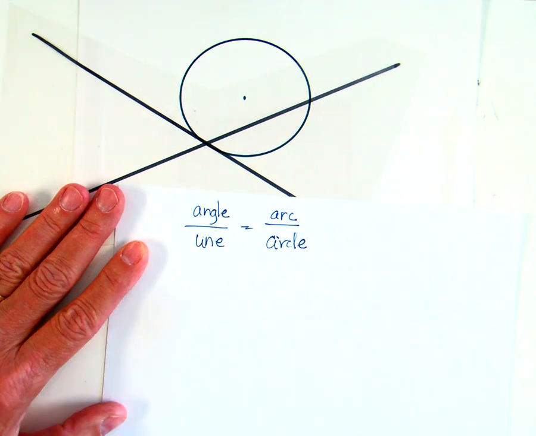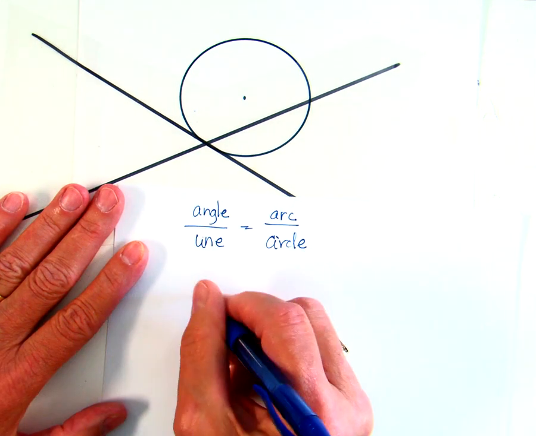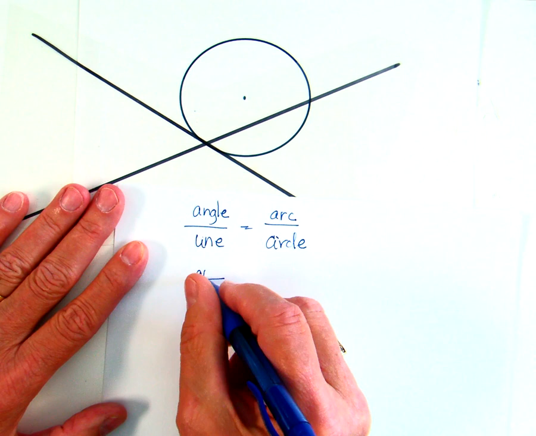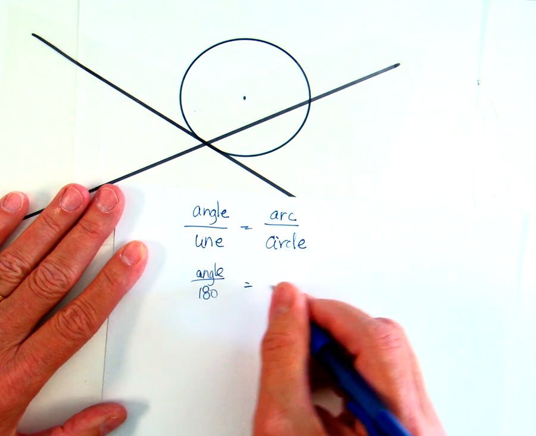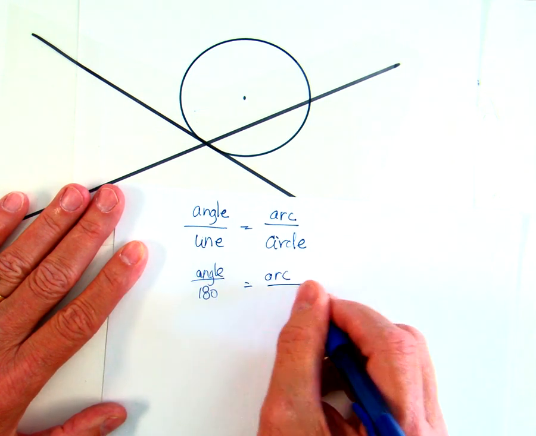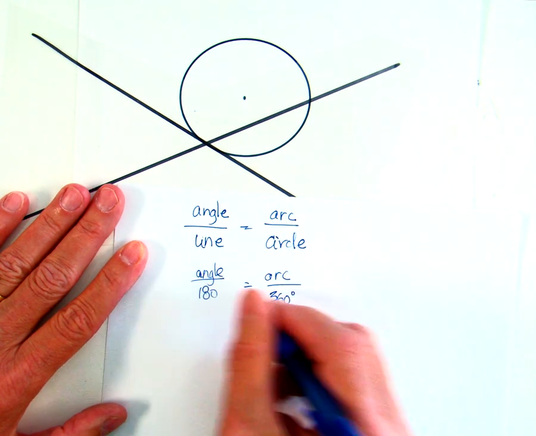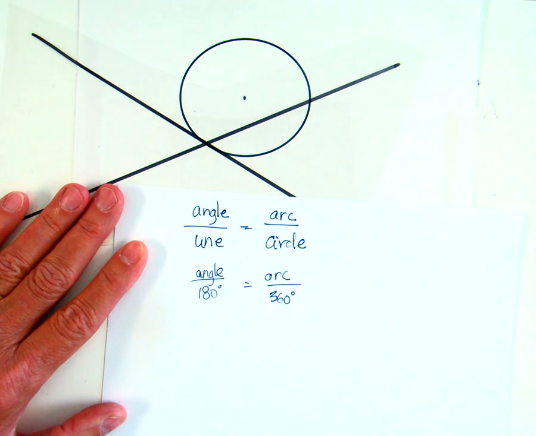Well, I know the line's 180, so I can do this. The angle is to 180 as the arc is to 360, because I know that the circle is 360. Well, I can just butterfly this and multiply. Oh, no, wait, not butterfly. We're going to apply the postulate that says that the product of the means is equal to the product of the extremes.